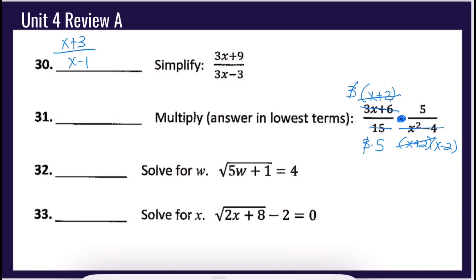So we're going to have a 5 on top. Oh, no, we're not, because that 5 and that 5 will cancel out. So we're going to have a 1 on top and an x minus 2 on the bottom.